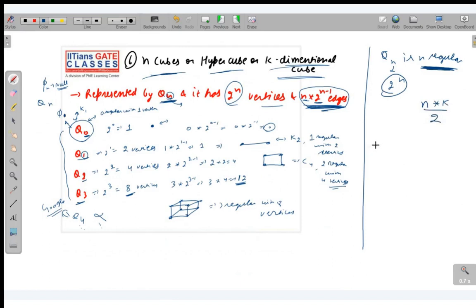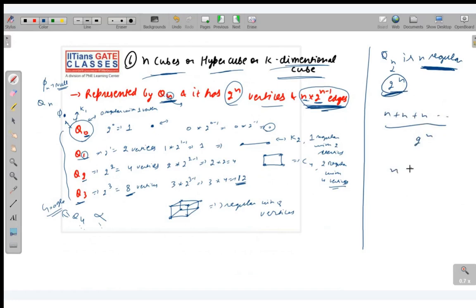Are you getting it? And I have told you like this, k regular with n vertices, it was nk by 2. So n regular, if you have any doubt, I will derive it, don't worry. Qn is n regular, and 2 power n vertices are there. N regular, so means what? Every vertex is of degree n. So n plus n plus n, how many times? Total 2 power n vertices are there.